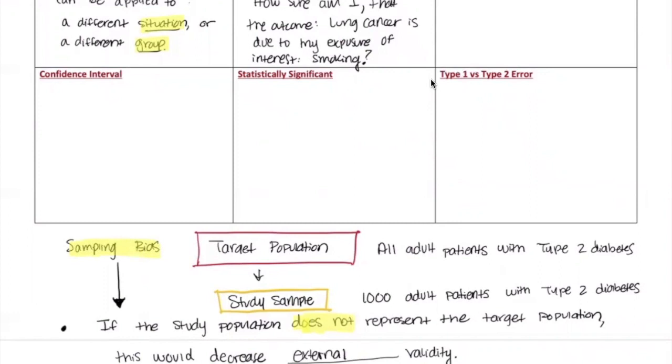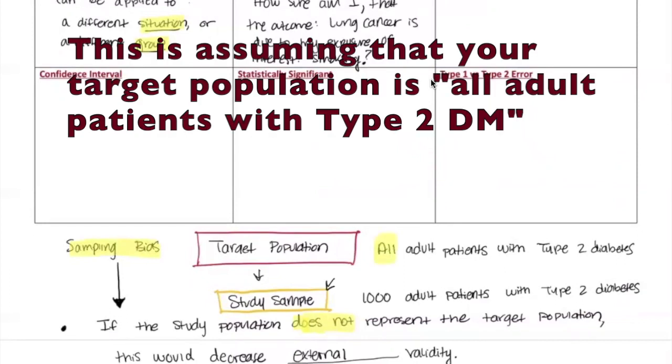And this is because your study sample, which is the study sample that you're reading about, let's say in the randomized control trial that you see published in the New England Journal of Medicine, you see, let's say, a study sample of 1,000 adult patients with type 2 diabetes. But your target population is a much larger population. Your target population is all adult patients with type 2 diabetes.